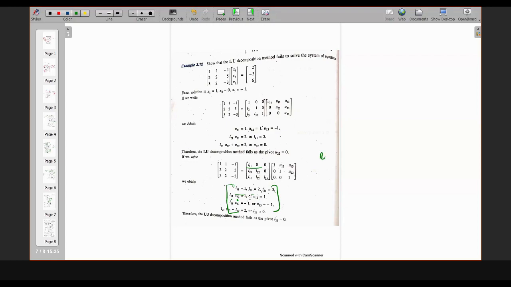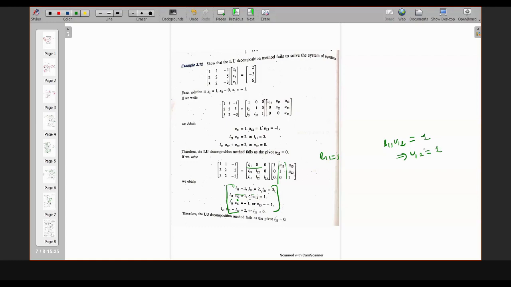If L11 is 1, this you multiplied with this, then this you multiplied with this, so what you will get is L11 U12, and this equals the corresponding element, 1. So U12 is equal to 1.